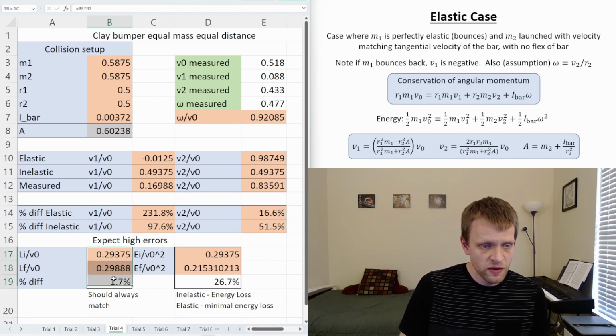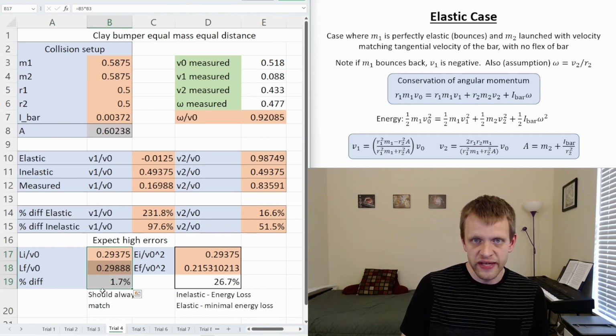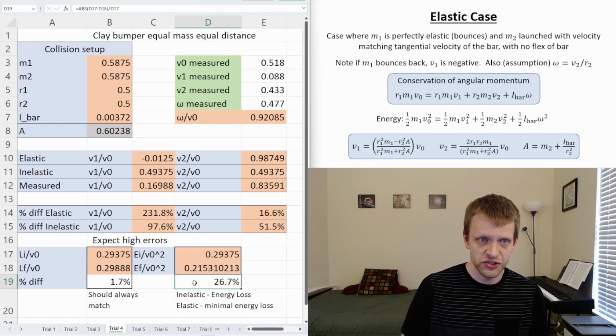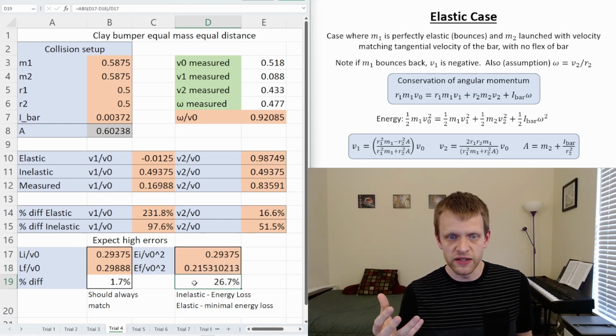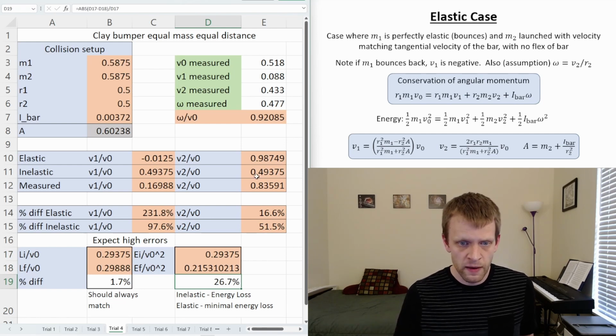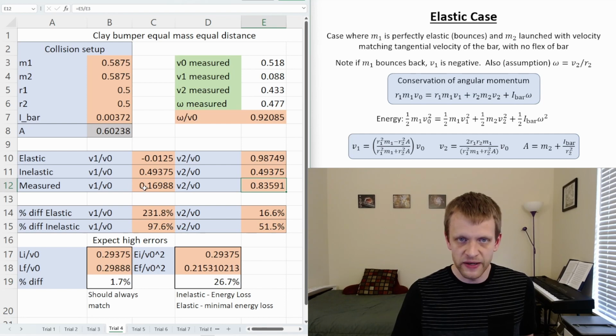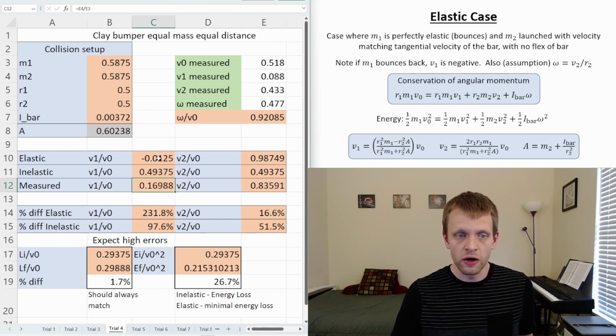Once again, we get excellent agreement with the angular momentum. And in this case, again, we're using clay, so more of the kinetic energy is being lost than when we had the spring bumpers being used. Our measured velocities, or those ratios of final to starting velocities, are again within the ranges that we expect.